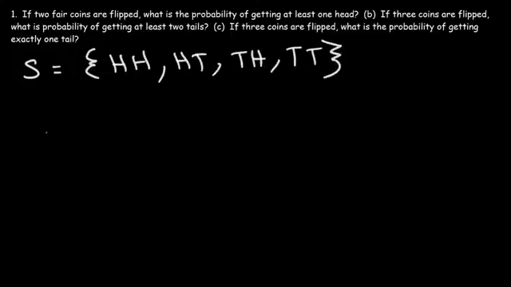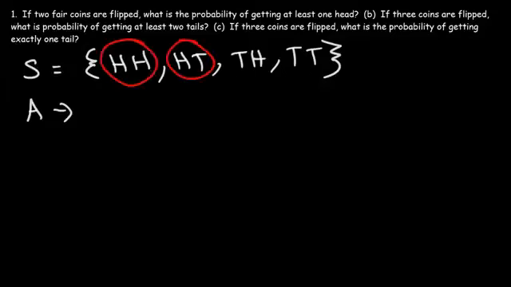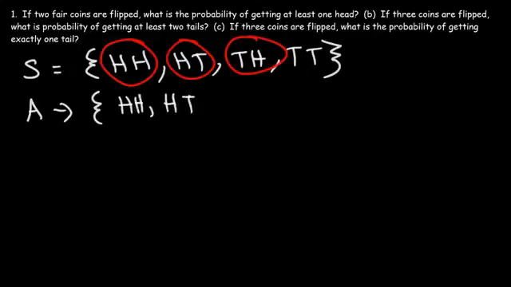Now, the event A is getting at least 1 head. So this one has at least 1 H, this one too, and that one as well. So the reduced sample space for A is HH, HT, and TH.